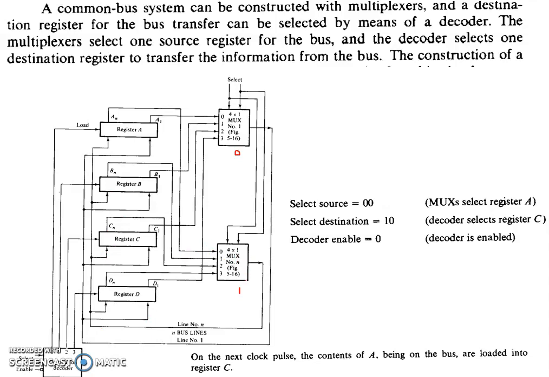Okay, so based on the number of bits the multiplexers are chosen, and based on the number of registers a 4x1 multiplexer is taken. What does that mean? From these 4 registers we need to choose one register, and the output will be only 1.